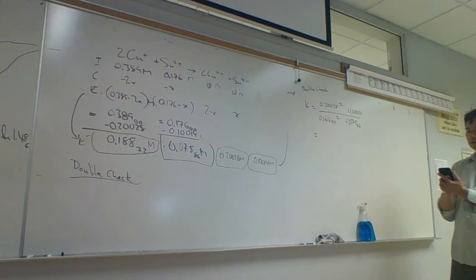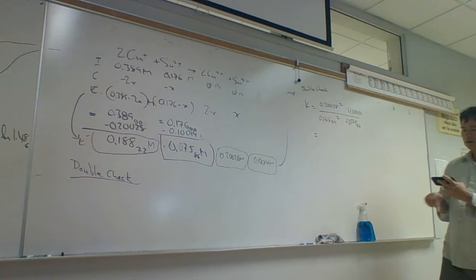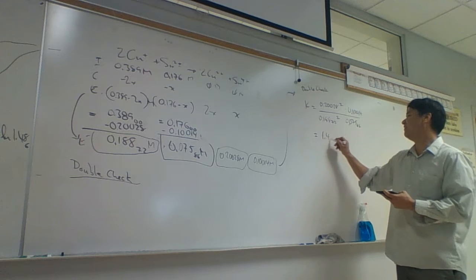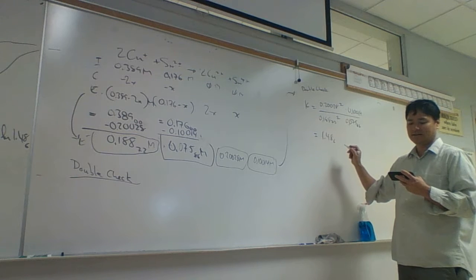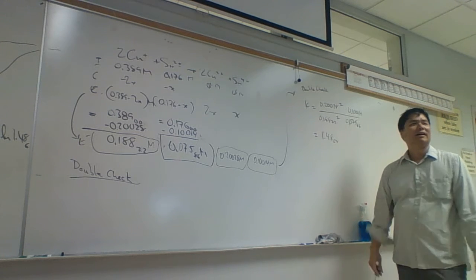And so 0.20028 squared times 0.10014 divided by 0.18872 squared divided by 0.07586, and I get 1.48667. What do you think?